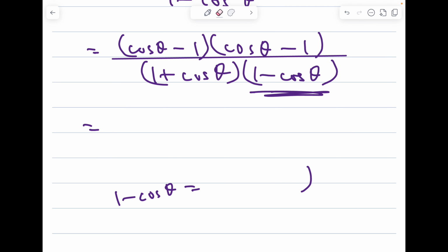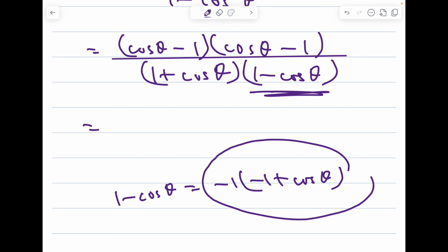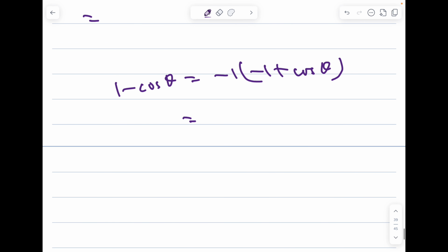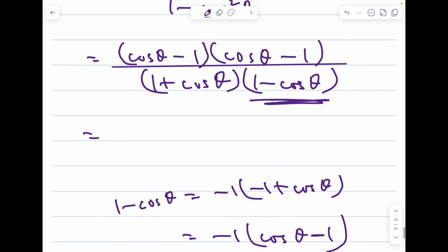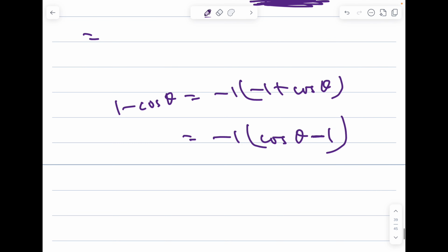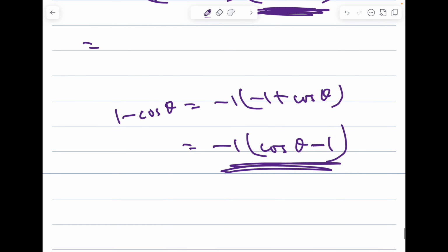Or let me write it this way so that you don't get confused. 1 minus cos theta is the same as minus 1 into bracket minus 1 plus cos theta. You'll see that if you expand this, you're going to get 1 minus cos theta. And that is the same as minus 1 into bracket cos theta minus 1. So instead of writing 1 minus cos theta here, I'm going to write minus 1 into bracket cos theta minus 1.